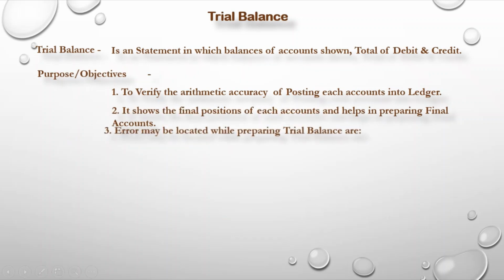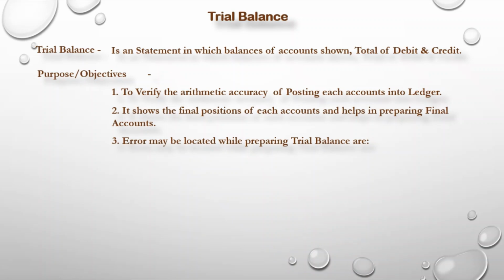And then, the errors that may be located while preparing trial balance. There are some errors you might find when you prepare trial balance. So what are the errors we need to discuss here? Error number one, you can find errors when totaling the subsidiary books. Whenever you record journals, you have to check each and every aspect and their computation.